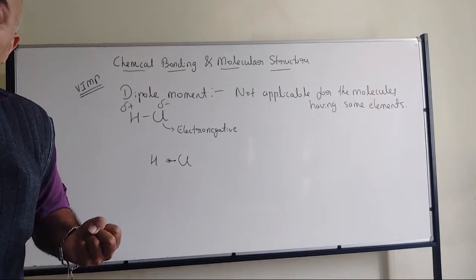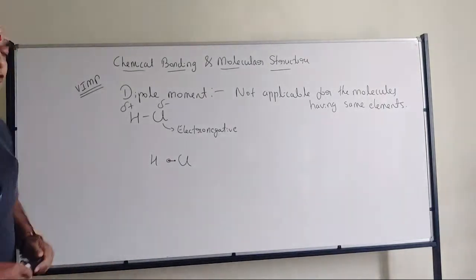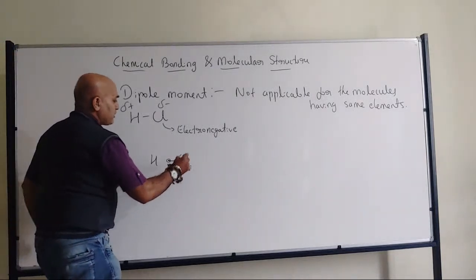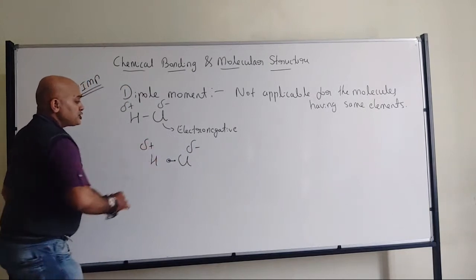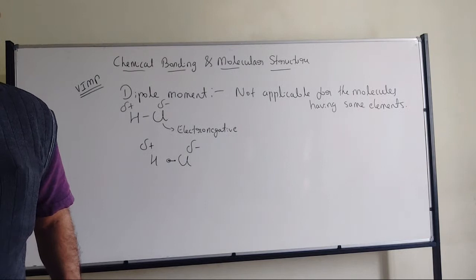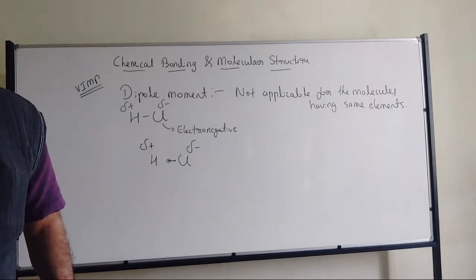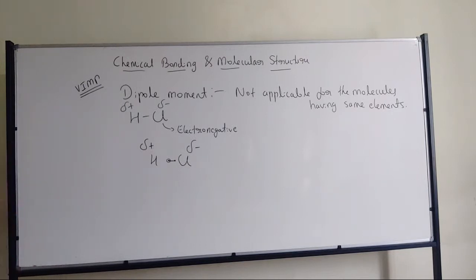That's where the electronegative element comes in. Due to that, there will be formation of a partial negative charge on the chlorine and a partial positive charge on the hydrogen. In this case, dipole moment is applicable. All of you have understood? For HCl, dipole moment is applicable, but it should be a covalent compound.